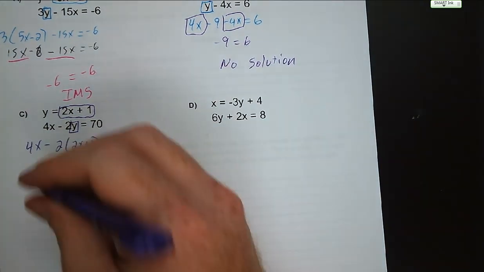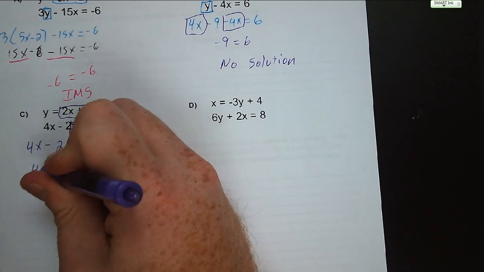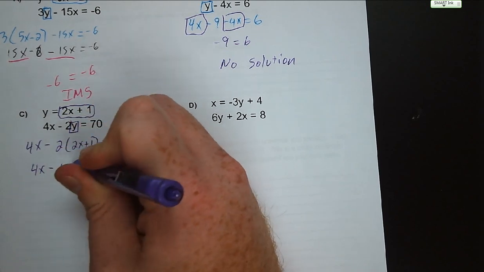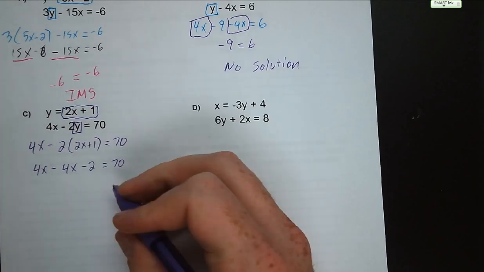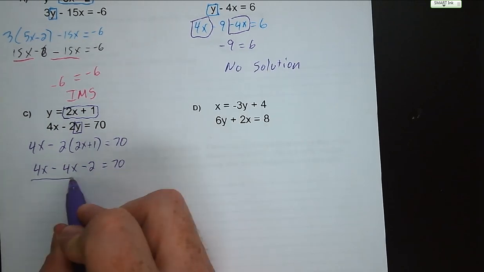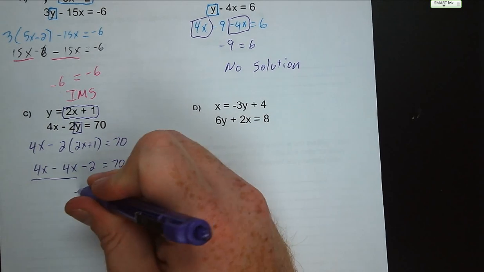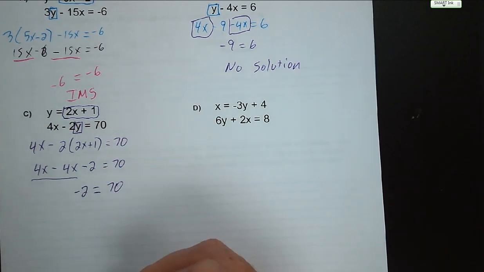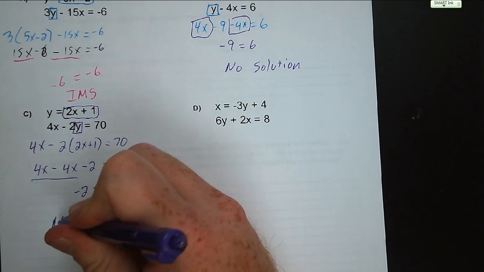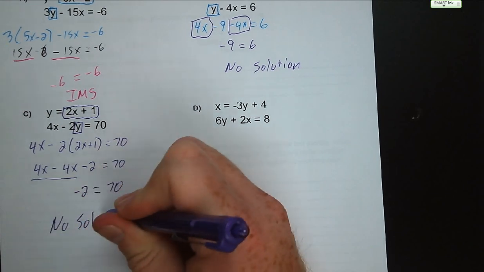So distribute: 4x minus 4x minus 2 equals 70. Combine like terms. 4x minus 4x is 0. Minus 2 is equal to 70. Is that true? No. No solution.